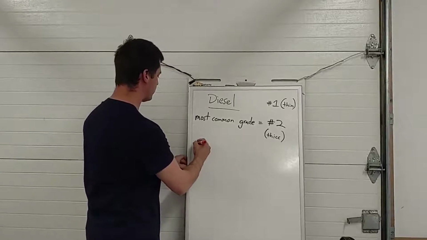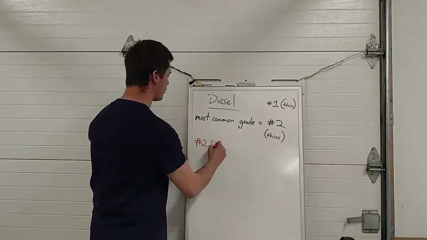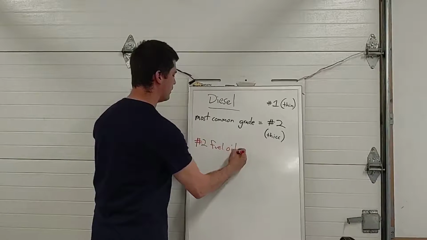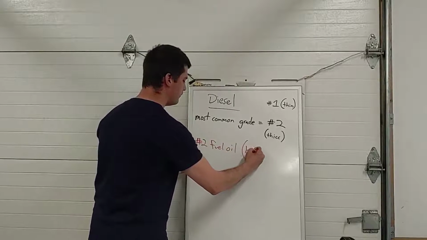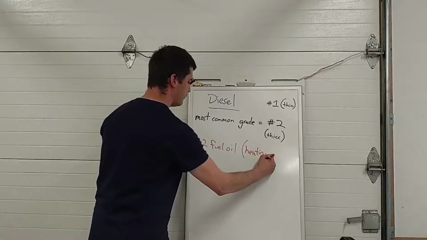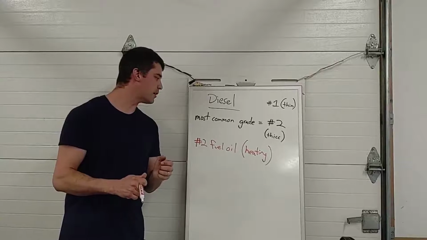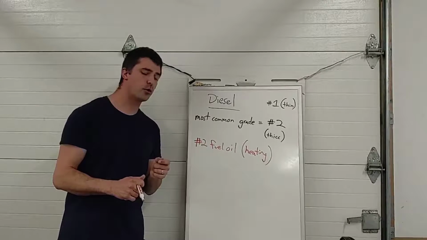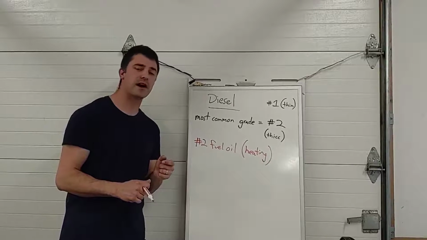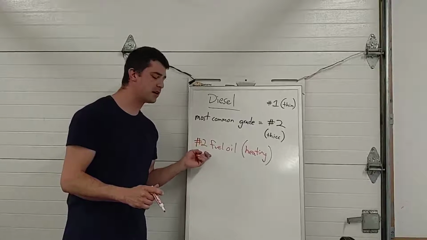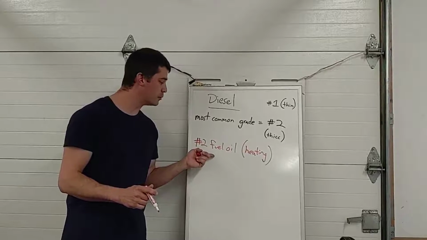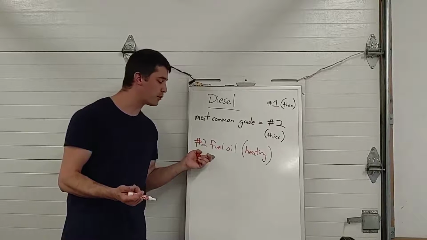While we're on the subject, number 2 fuel oil that we use for home heating is basically the same thing as diesel, only it's not quite as filtered, it's not quite as refined, and it's dyed red. And the reason is you don't pay any road tax on number 2 fuel oil because it's not meant to go in a motor vehicle.